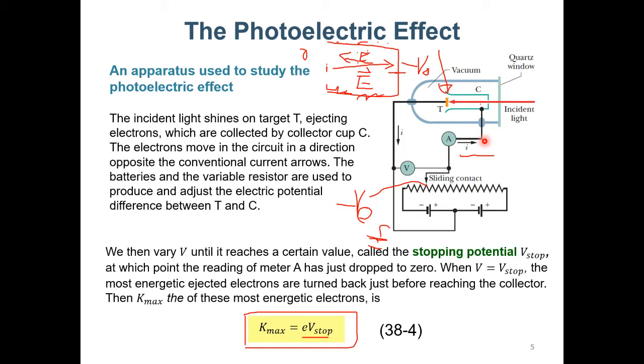Because, as I mentioned here, the kinetic energy of the electron absorbed by the light will be a fixed value. And if you further decrease the voltage at this point, which means the potential energy between the target and the collector will be larger, then it will be more difficult for the electron to reach the collector.